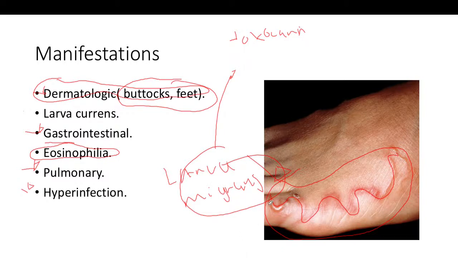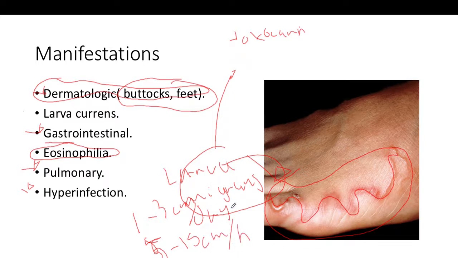Okay, but the difference between these two, or at least how they manifest on the skin, is that larva migrans has a very slow advancing pathway. Okay, they advance about 1 to 3 centimeters per day, while Strongyloides stercoralis is going to move faster, at about, oh sorry, that's supposed to be 5 to 15 centimeters per hour.